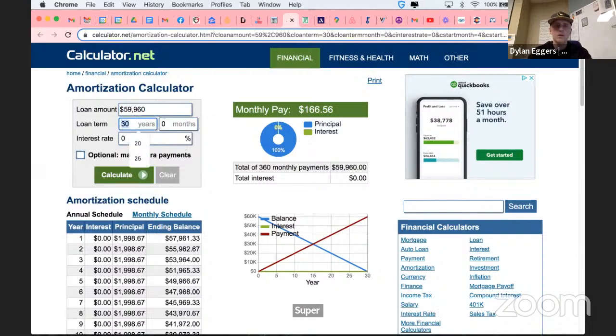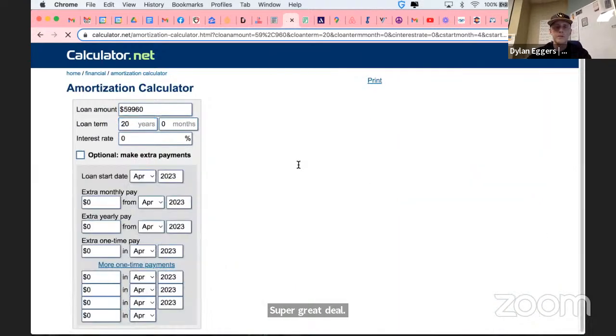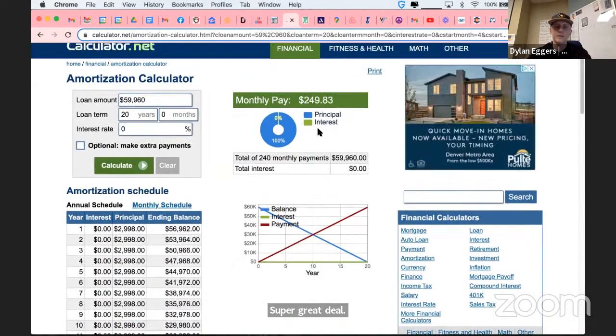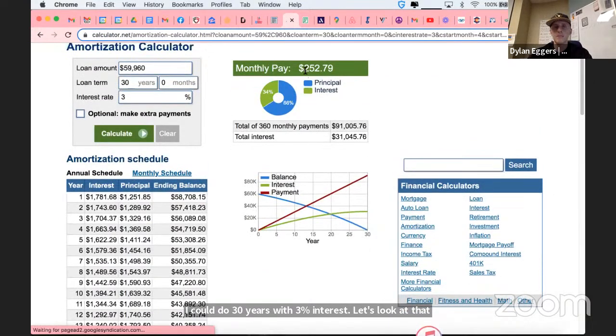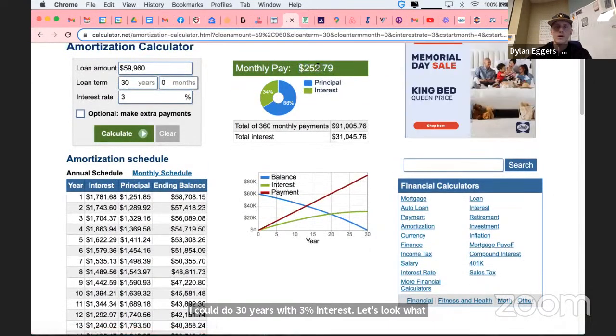So let's see what 20 years looks like. $250. It's a little bit more enticing. So I'm going to do 20 years at 0% interest. I could do 30 years with 3% interest. Let's look what that looks like. So about the same, right? So it's a little more enticing. Obviously, they're going to make $31,000 more in interest.